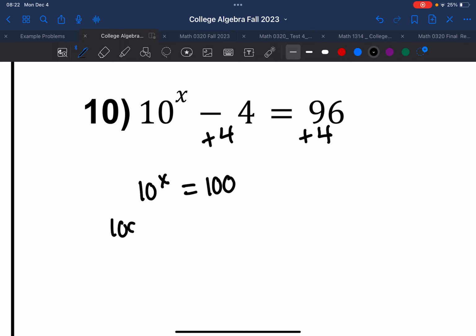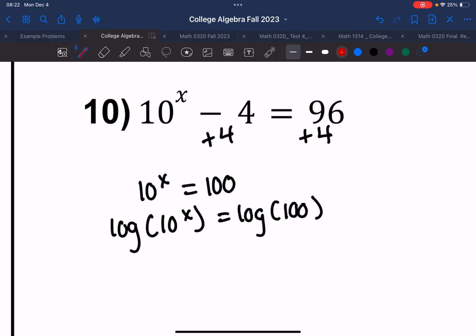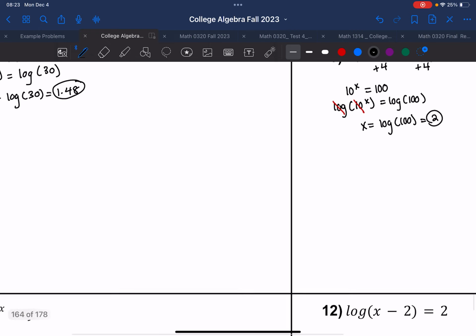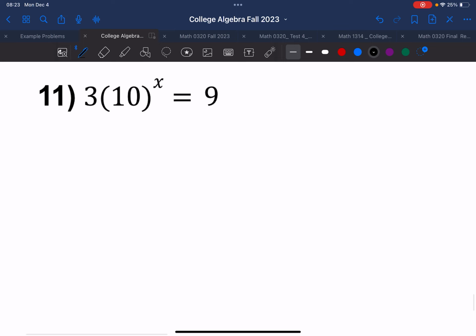Now I'm going to take the log of both sides to cancel out that 10 to the x. Okay, so it cancels out that 10. And now I'm left with x is equal to log of 100. And if you type that into your calculator, you get 2. It's a lot of calculator work for this last topic.